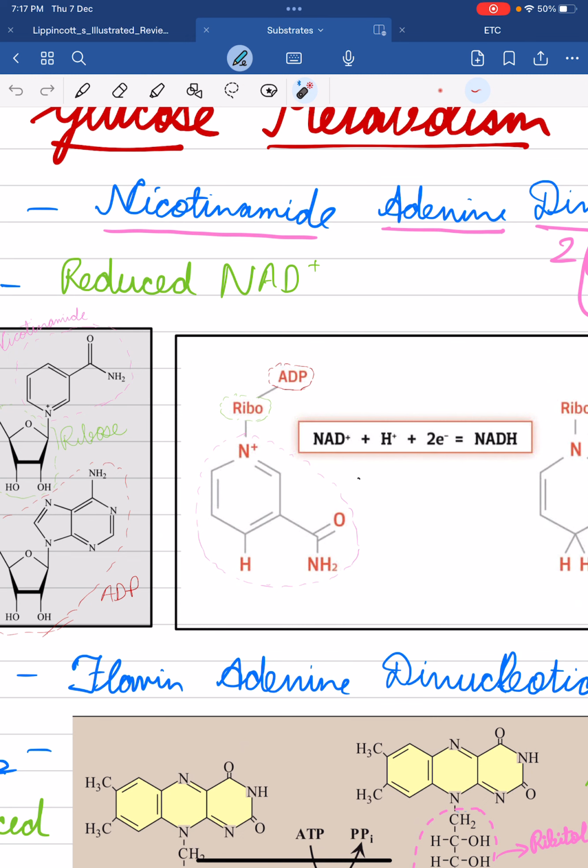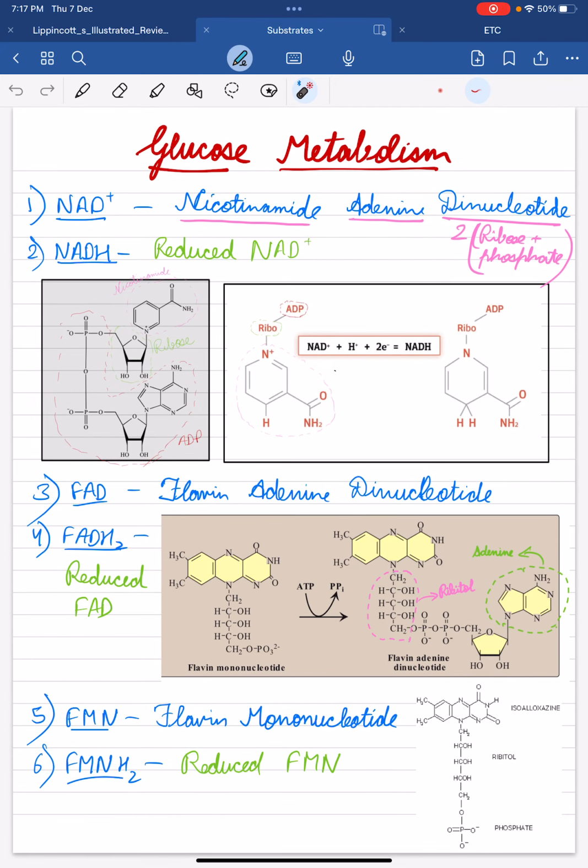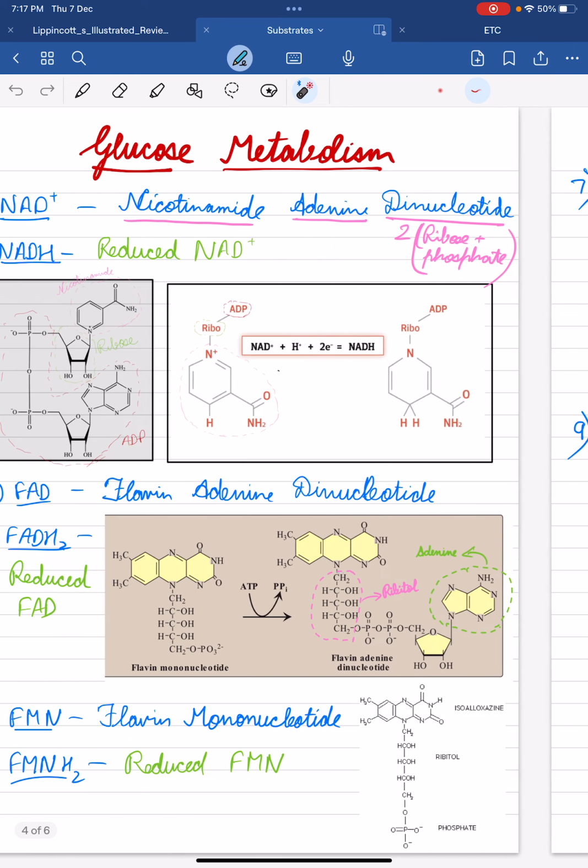Nicotinamide adenine dinucleotide. Nicotinamide and a dinucleotide which has this adenine group. So this accepts hydrogen and 2 electrons to give NADH plus H plus. This second H plus remains combined with this.